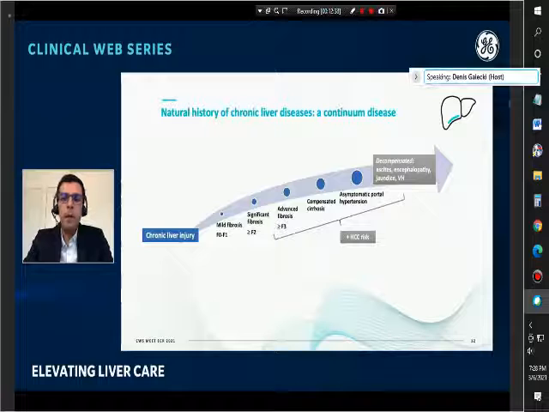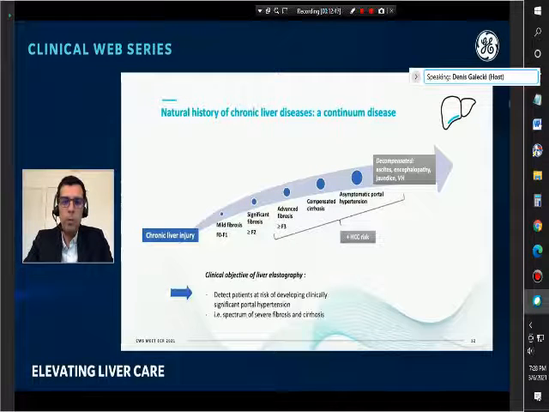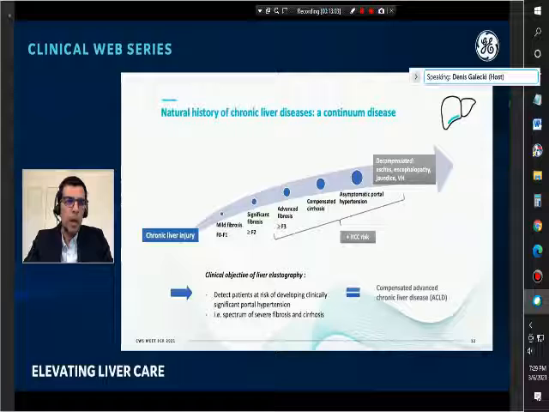This is where elastography has an important role to play, by detecting patients still asymptomatic but at risk of developing clinically significant portal hypertension, which has been defined in an expert consensus called the Baveno 6 criteria as patients with at least severe fibrosis. And this spectrum of disease has been named compensated advanced chronic liver disease.